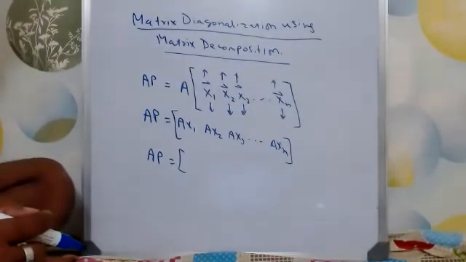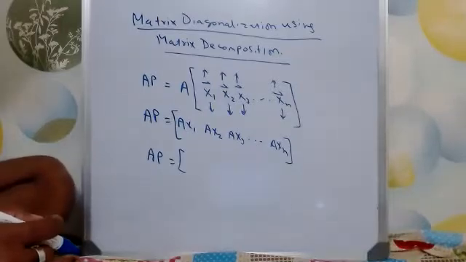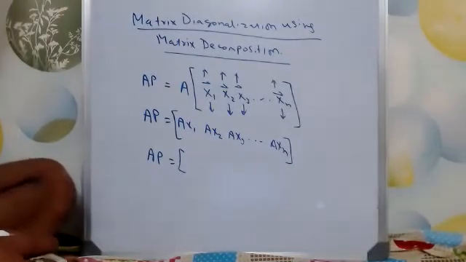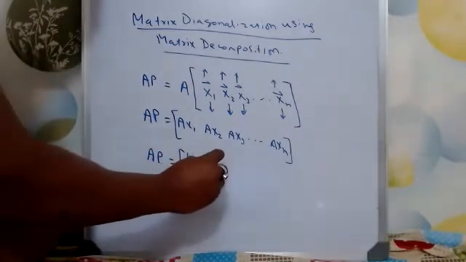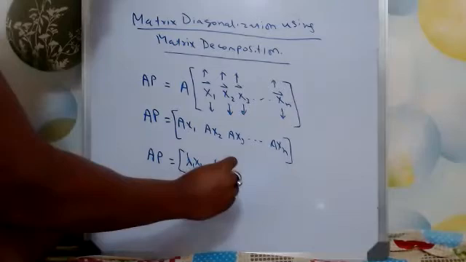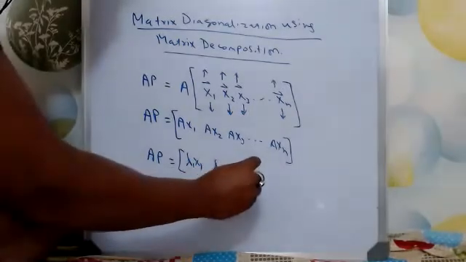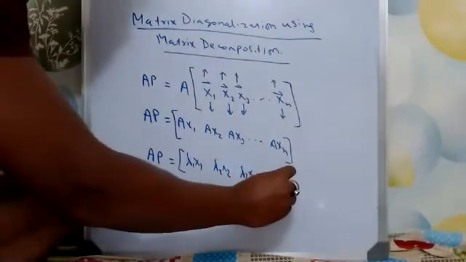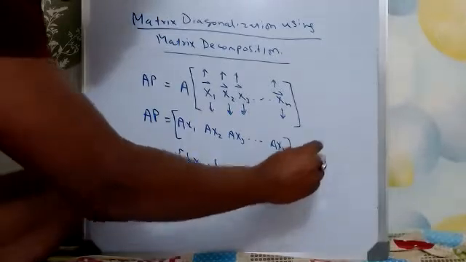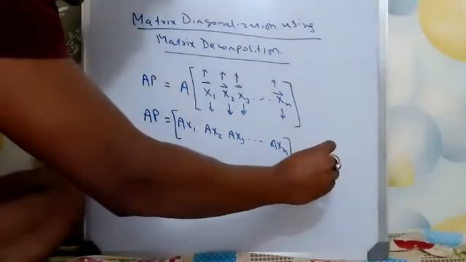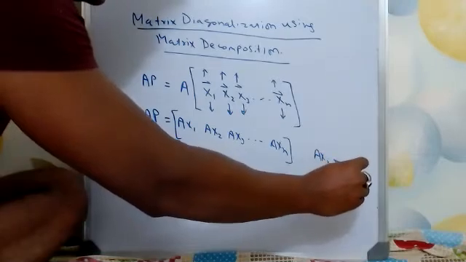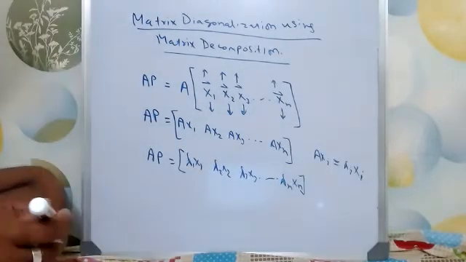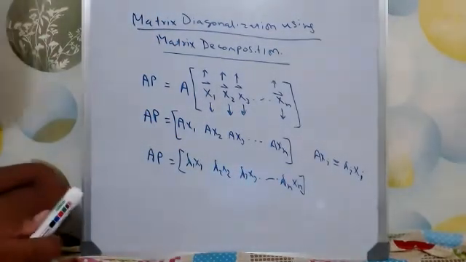Ax equal to lambda x. Very good. So you can write lambda 1 x1, lambda 2 x2, lambda 3 x3 till lambda n xn, because AXi is always equal to lambda i xi, where i is 1 to n.